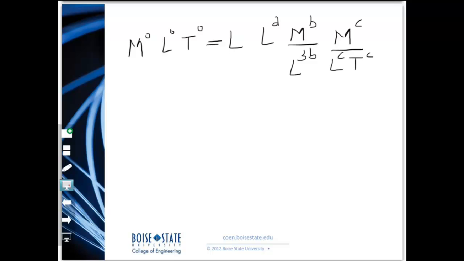So they should equal 0, L should equal 0, T should equal 0. Then you write these equations here.